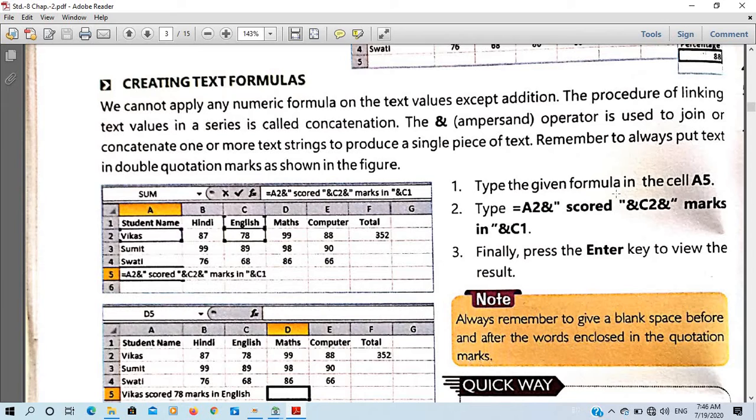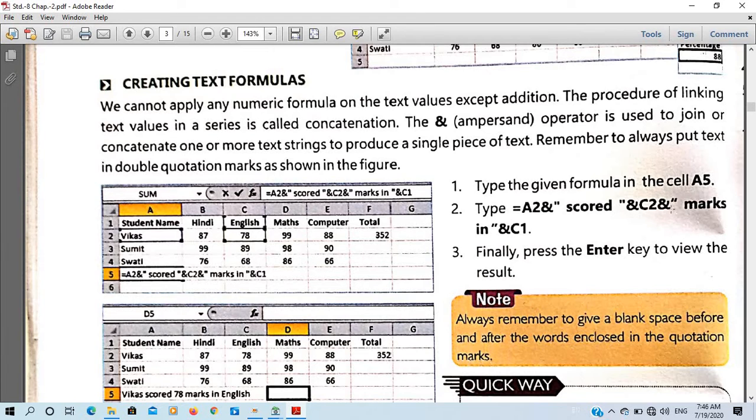"Scored" is not already written anywhere, but we are writing it in our formula, inside inverted double quotation marks, and then ampersand, then C2. You can see in C2 it is written 78.